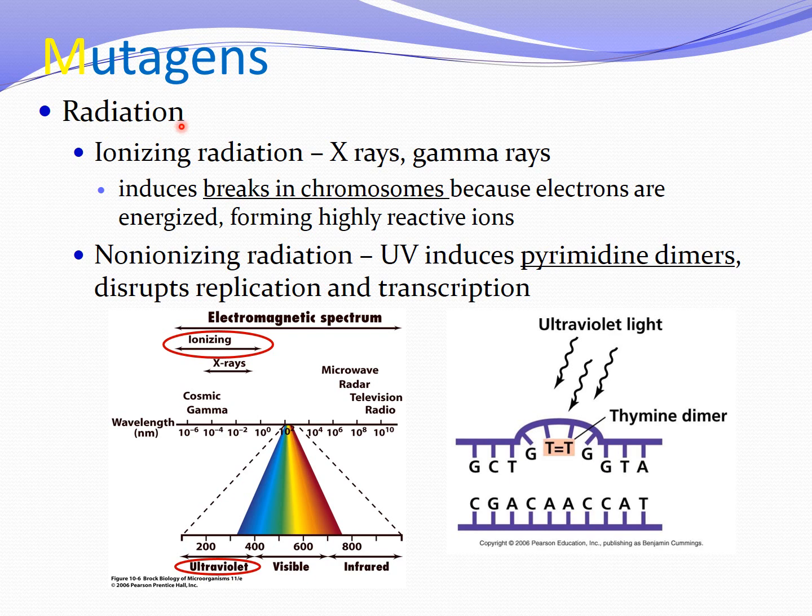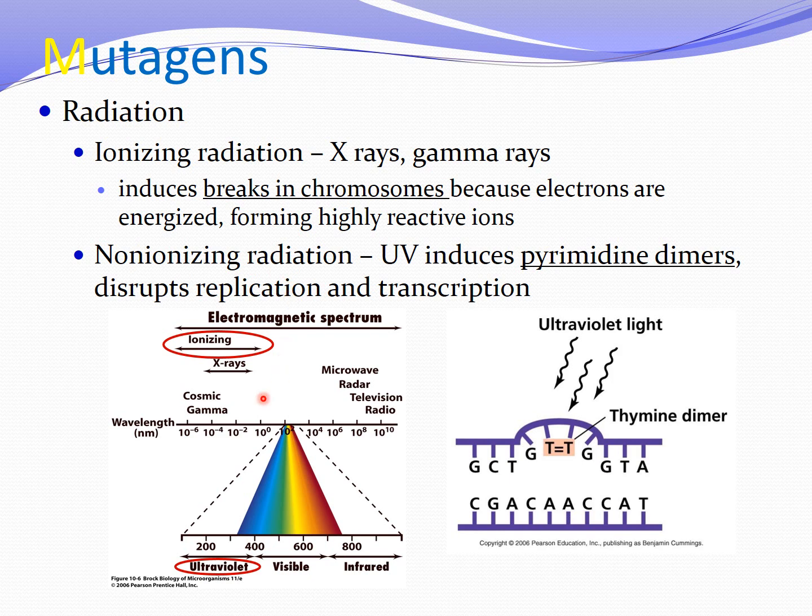Okay, radiation. If you remember, radiation is part of this electromagnetic spectrum that includes the light and so on. So we can divide radiation that causes mutations into two subgroups. One is called ionizing radiation, the other one is non-ionizing.